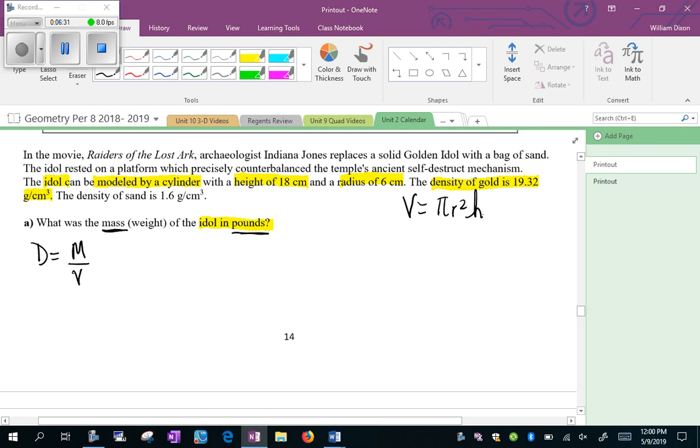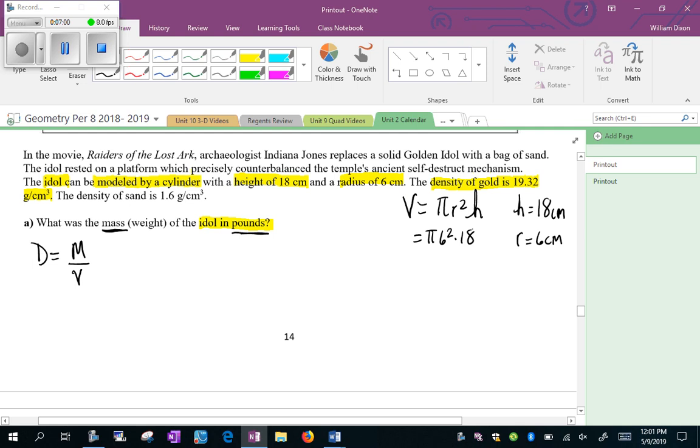I'm given that the height of the cylinder is 18 centimeters, and the radius is 6 centimeters. So I'm going to plug in: pi times 6 squared times 18.